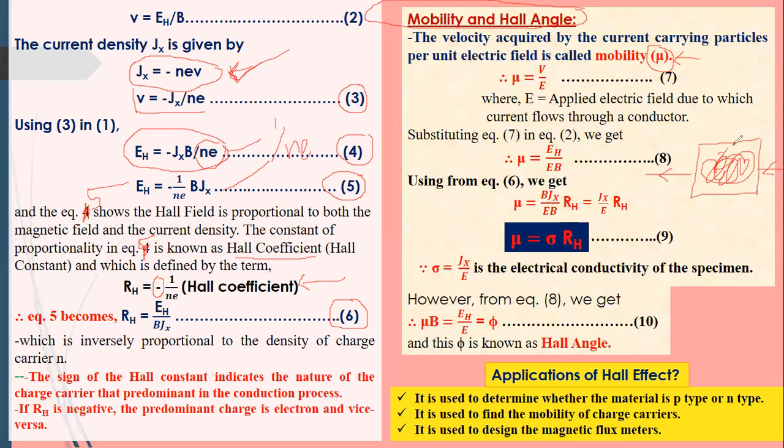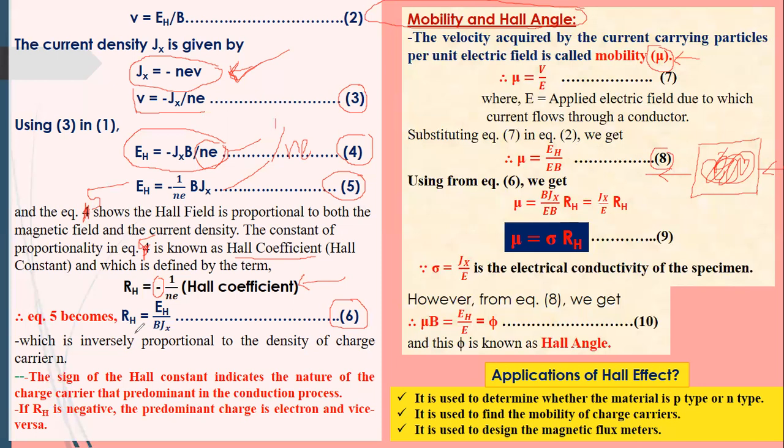If we substitute equation number 7, that is mu is equal to V upon E, in equation number 2, we will get mu is equal to EH upon EB. Let us say this is equation number 8. Now let's use equation number 6.